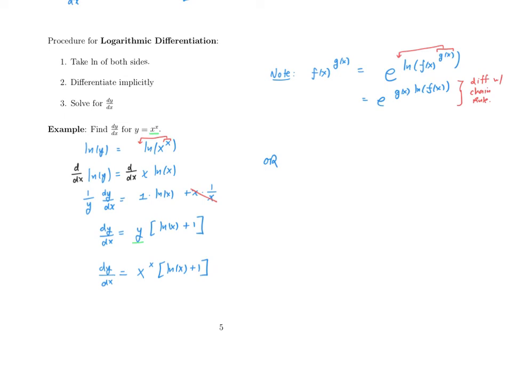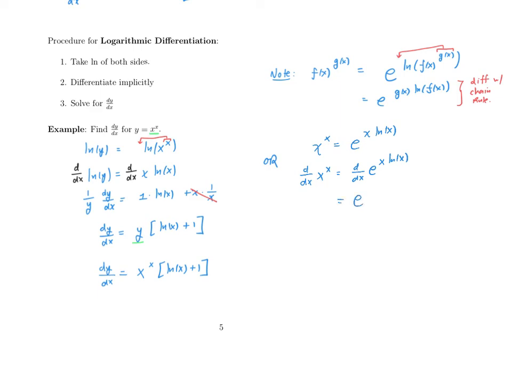So note, using our work above as a template, x to the x can be rewritten as e to the x natural log of x. And that tells us that the derivative of x to the x is the derivative of e to the x natural log of x. And we can differentiate using the chain rule.